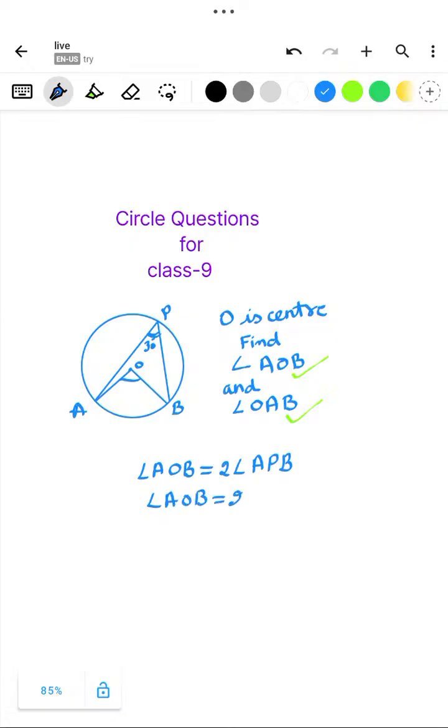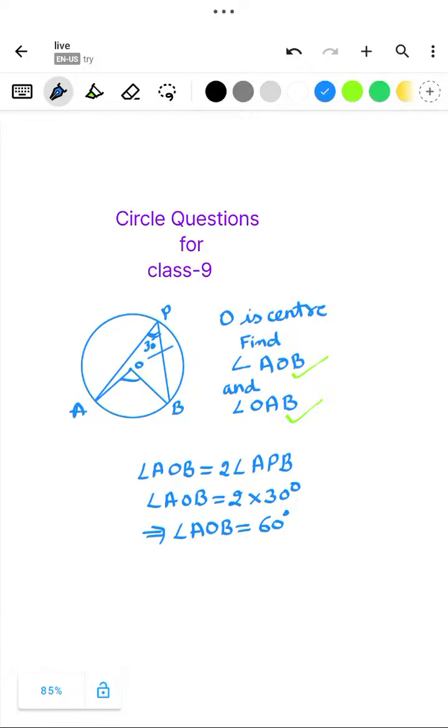This is twice of angle APB, which is 30 degree. So multiplied by 30 degree. This implies angle AOB is equal to 60 degree. So this is the answer for the first part of the question.